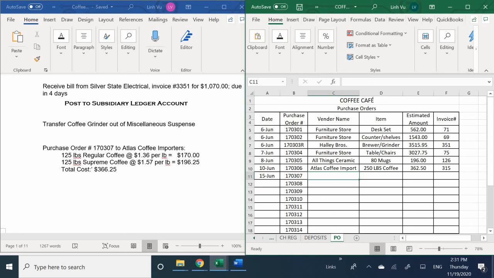We're going to put the date 6/15, and then it's going to be Atlas Coffee. And it's going to be another 250 pounds of coffee, for a total of $366.25.